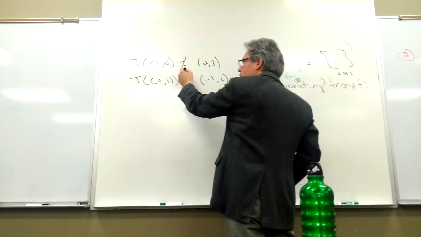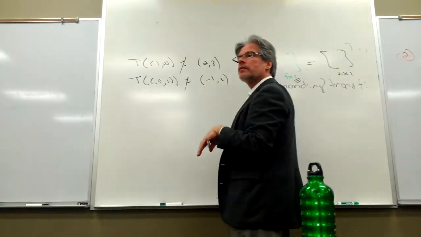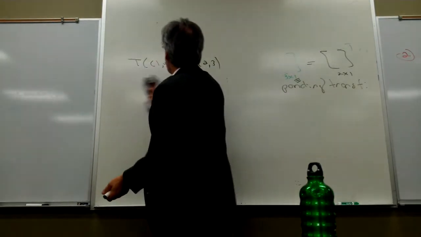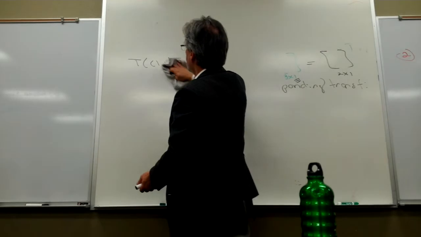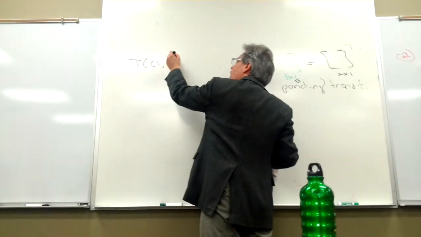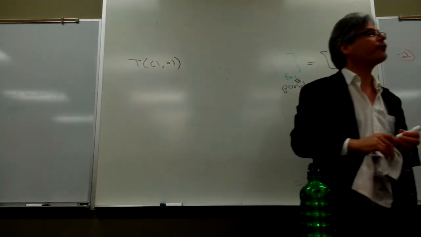If it were, I'm done. I just list these in my columns. We're in business. So you guys are right, I am wrong. It's the transformation of V1, which is not 1, 0. So the bottom line is I don't know what 1, 0 gets transformed to.